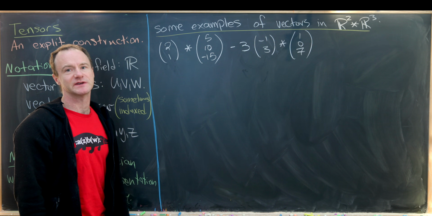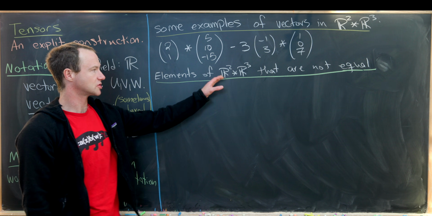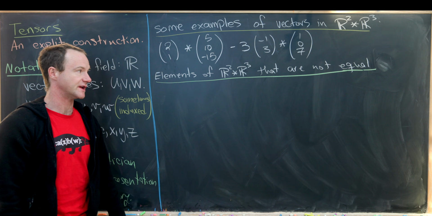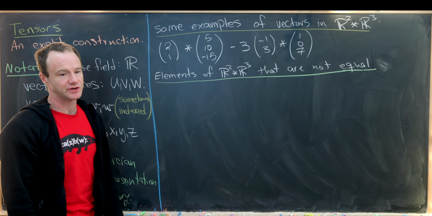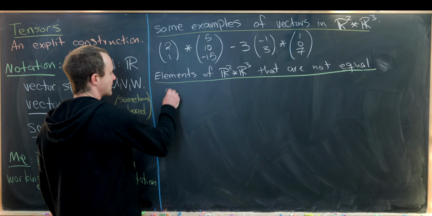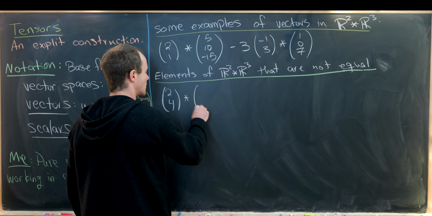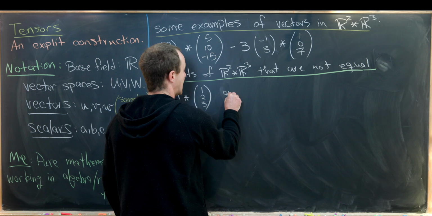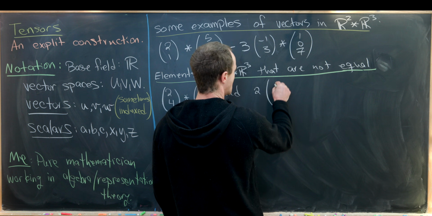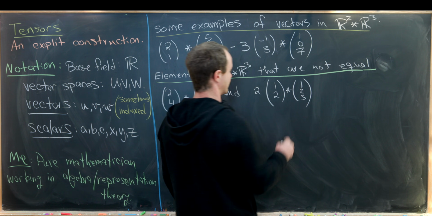So let's maybe give some examples of that. Let's make the heading: elements of R2 star R3 that are not equal, but they feel like they should be equal. Maybe our first example will be (2, 4) star (1, 2, 3), and (2, 1, 2) star (1, 2, 3).